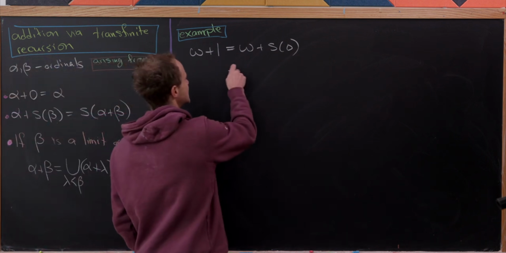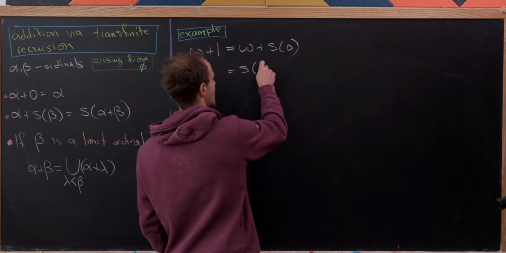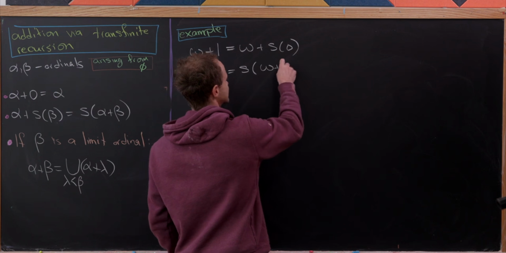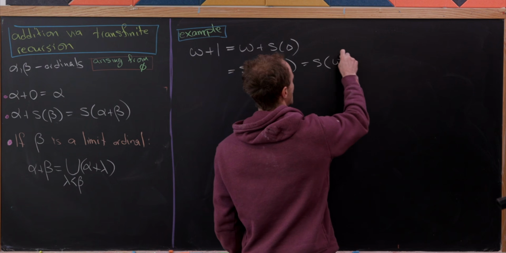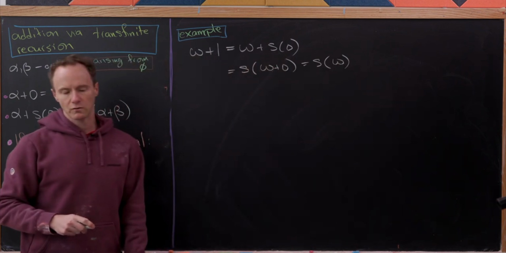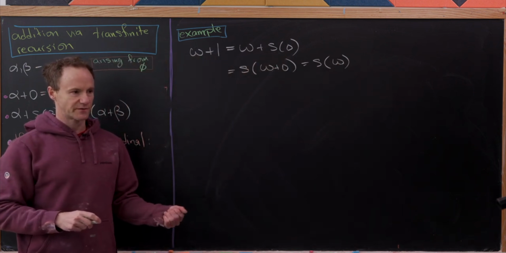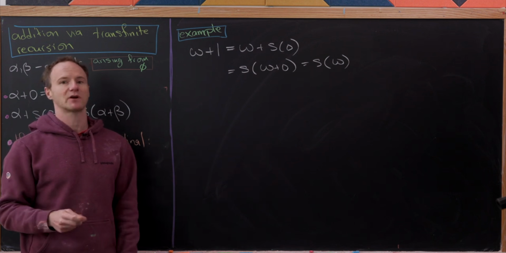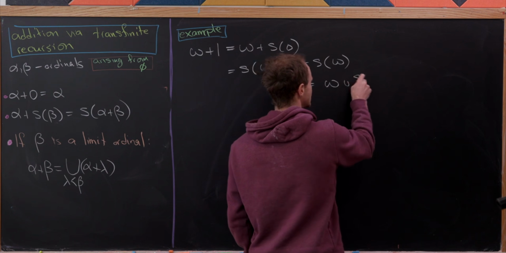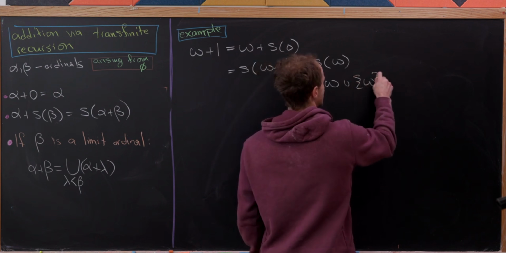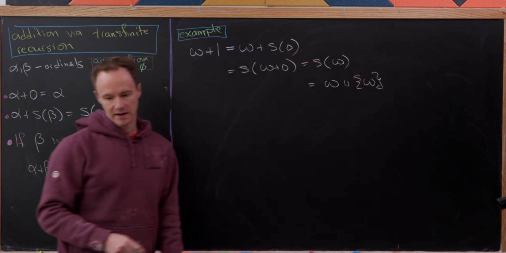But that means here we're going to get the successor of omega plus 0. In other words, we're going to get the successor of omega. But recall how we defined the successor before in the finite case. That's exactly how we're going to define it again. So this is equal to omega union with the set containing omega.